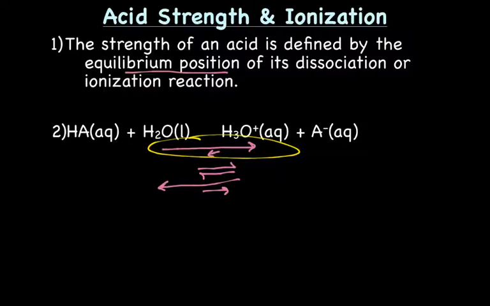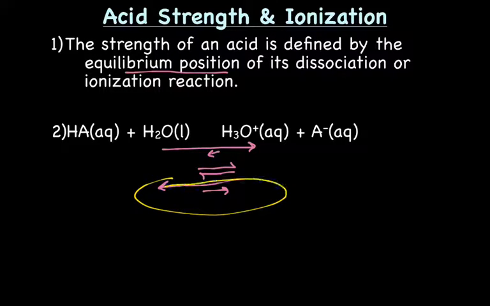So in this one, the equilibrium is very far to the right, or the products are very much favored. In this one, neither products nor reactants are really favored, and in this lower one, the reactants are very much favored.